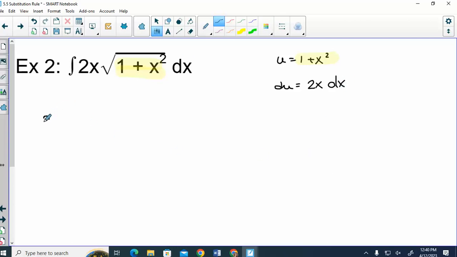So, when I go to do this antiderivative, I have a square root. 1 plus x squared is u. And then 2x dx, what's that get changed to?